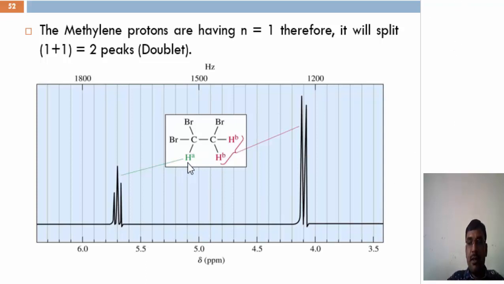The one carbon atom has two bromine atoms. On its adjacent carbon atom, there are two protons and one bromine atom, meaning this proton is different from these two protons. These two protons are equivalent because they have the same environment, and this single proton is adjacent to these two protons, so these two protons appear as a doublet and this single proton appears as a triplet by the n plus 1 rule.